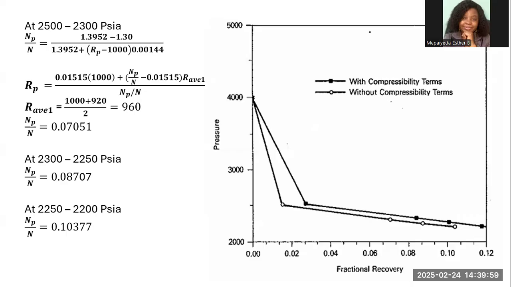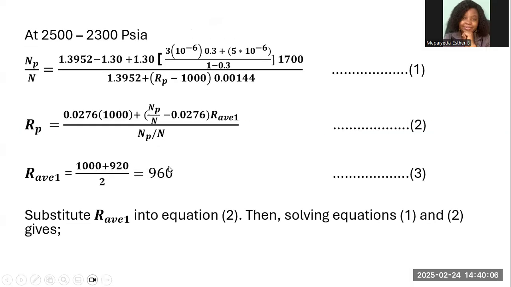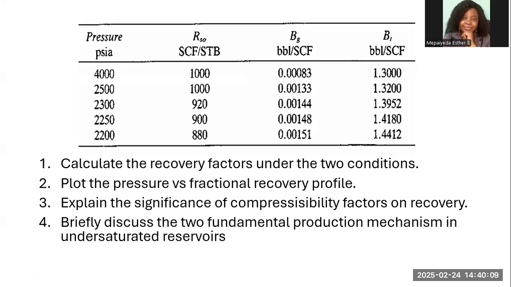Okay, so I'm sure you've learned a lot with these examples treated. Here it says plot the pressure versus fractional recovery profile, which was plotted. Explain the significance of compressibility factors on recovery, which we are trying to discuss, when you have between your bubble point pressure and critical gas saturation pressure, and between the critical gas saturation pressure downwards.